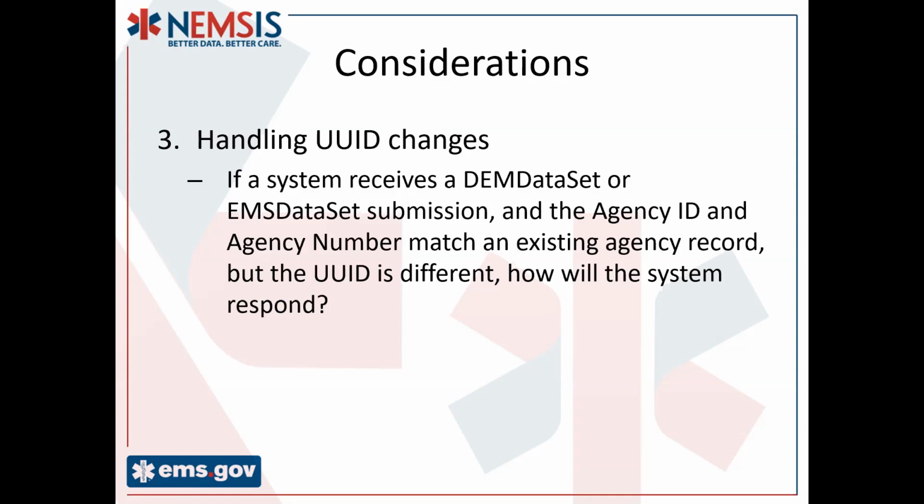So if you split it into two cases here, one for DEM, one for the EMS dataset, it'll actually solve a different problem too, which was not having a DEM file on hand. If you send an EMS dataset with your new UUID, it's just going to get rejected because they don't have the DEM file yet, which takes care of that other case.